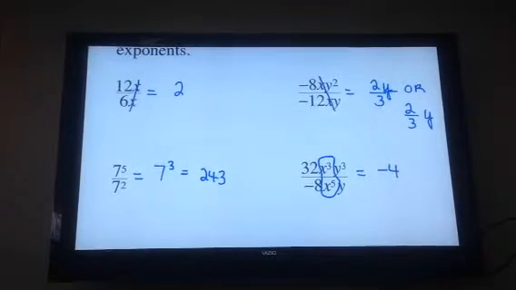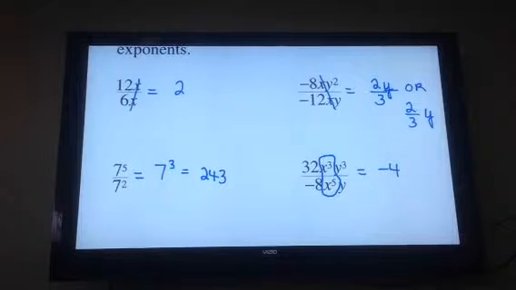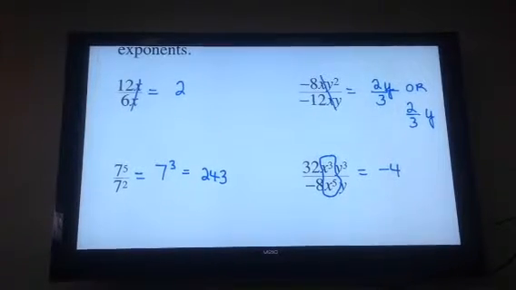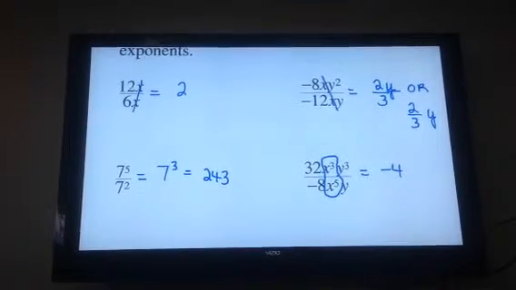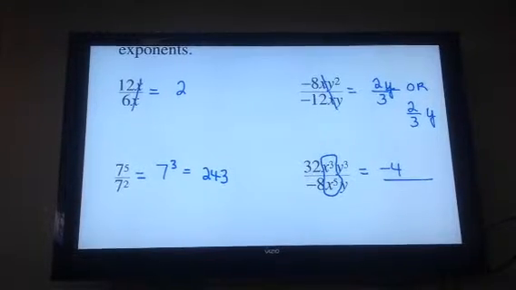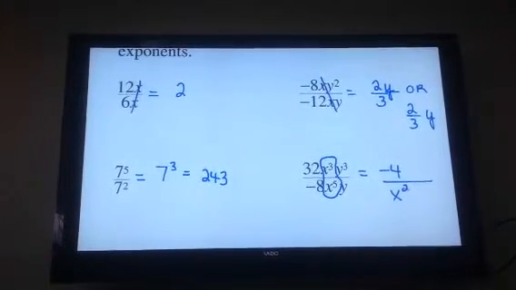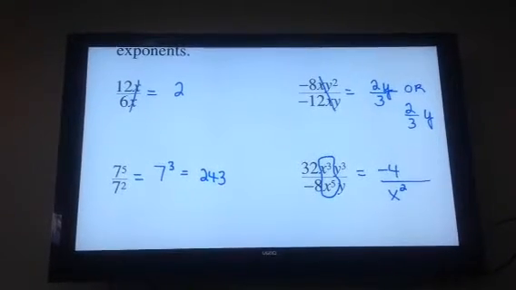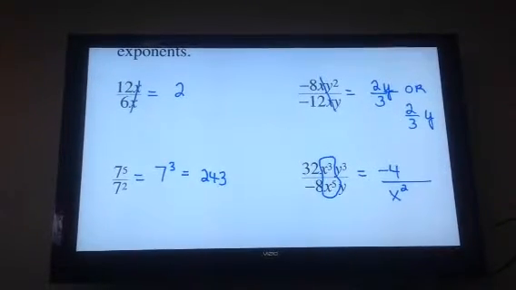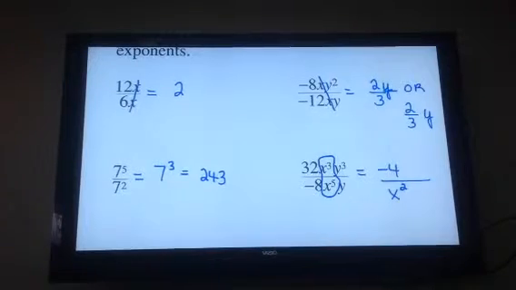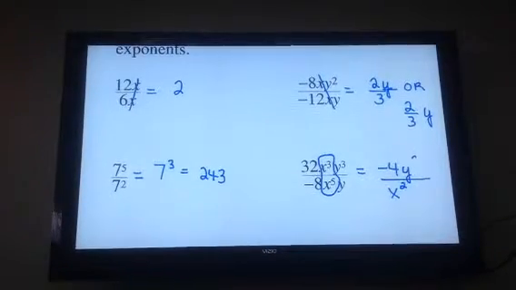So instead of taking 3 minus 5 and getting negative 2, and then switching the negative to the denominator, just know that when you have to subtract your powers, subtract in the direction of the larger power. So 5 minus 3 is x squared, but in the denominator. And then on my y's, y to the third over y, that's an understood 1. 3 minus 1 leaves me y squared in the numerator.